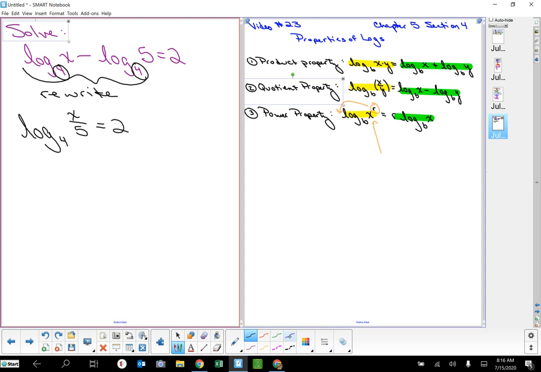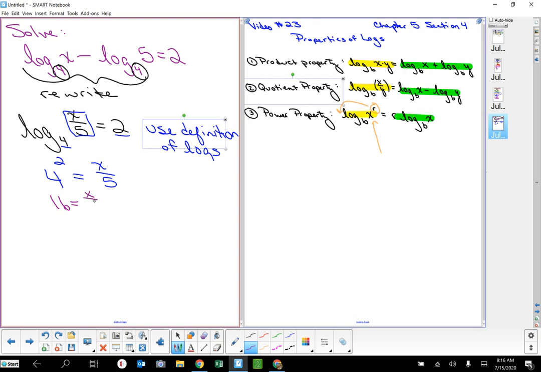Well, now you know from the definition of logs that 4 to the second equals that. Well, 4 to the second is 16. And this is really over 1, so now you can cross multiply. 16 times 5 equals x times 1, which we don't need, and 16 times 5 is 80. And that's the answer to that guy.